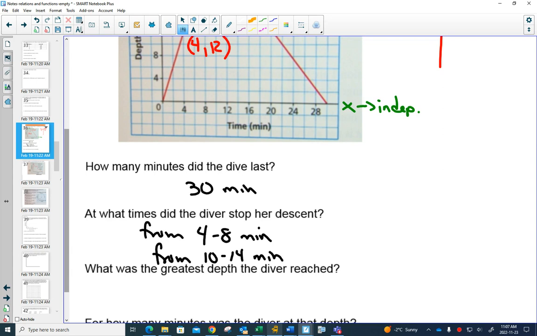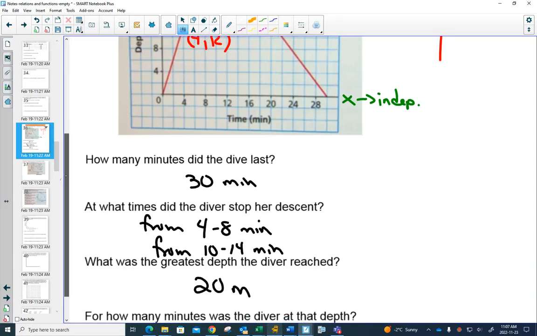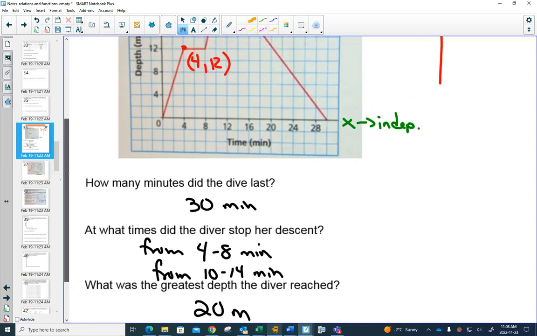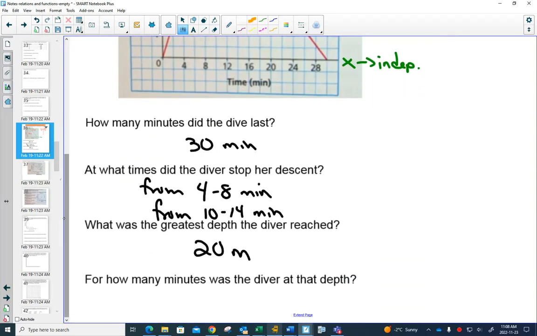How deep did they go? 20 meters. For how many minutes was the diver at that depth? How long were they at 20 meters? Only for 4 minutes. So we have to take a graph and then reenact the situation.